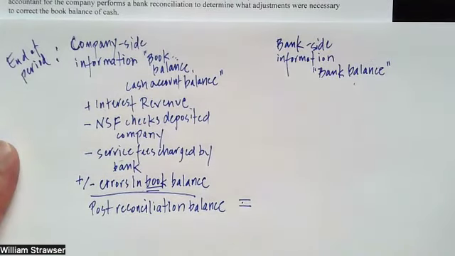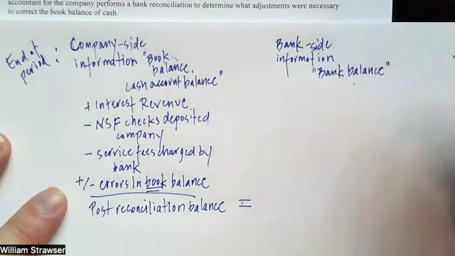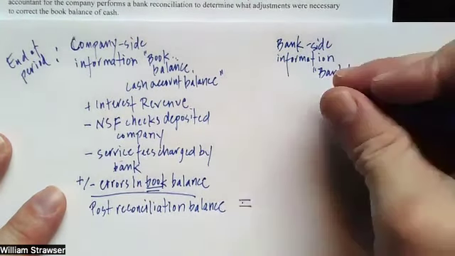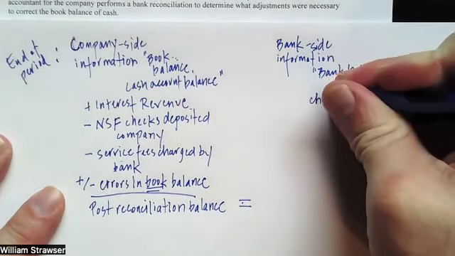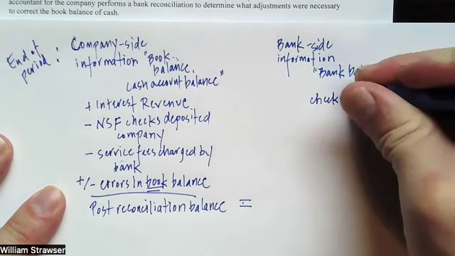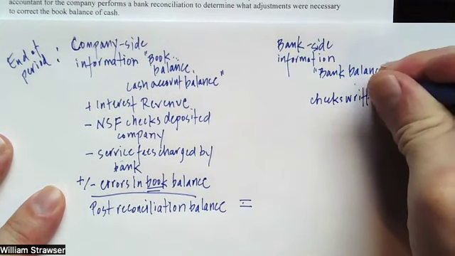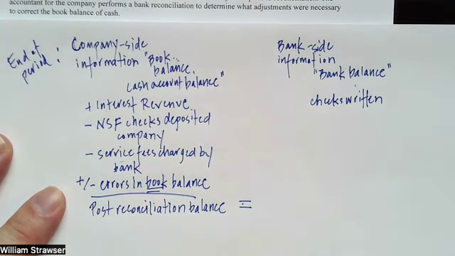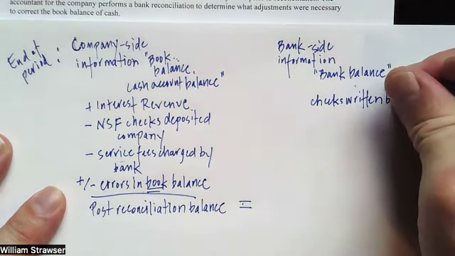On the bank side of things, what the bank doesn't know about are checks written by the company. So these are amounts that we maybe write to our utility provider or our landlord or whatever.